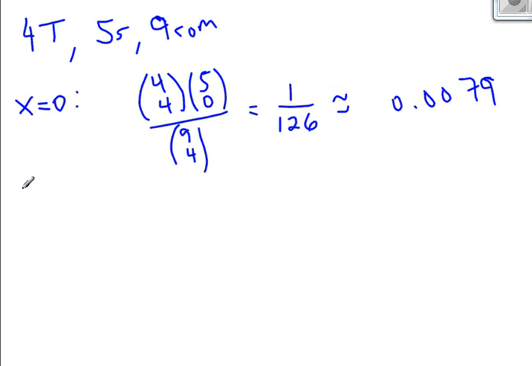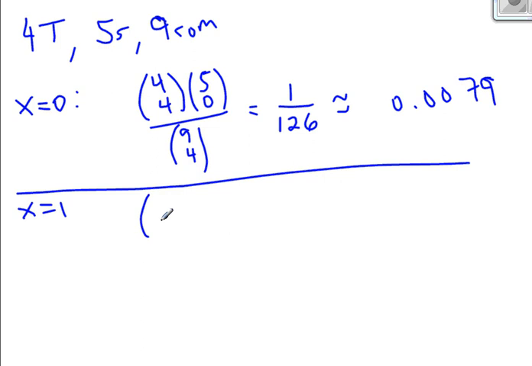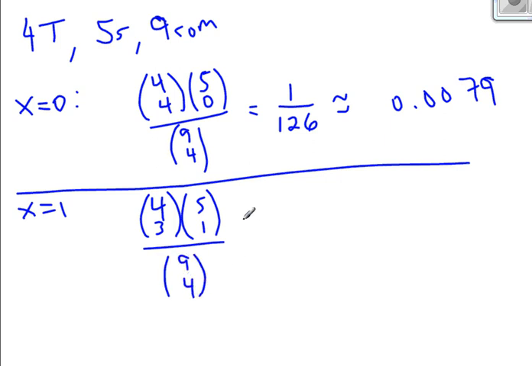So now let's do the same thing, but now I'm going to do it for x equals 1. So now I want 1 student. So that means I need 3 teachers and 1 student. And again, 126, or 9 choose 4, is the sample space. So 4 choose 3 is 6. Oh, sorry.